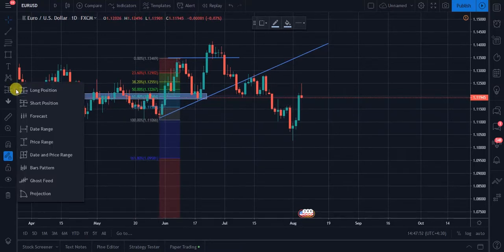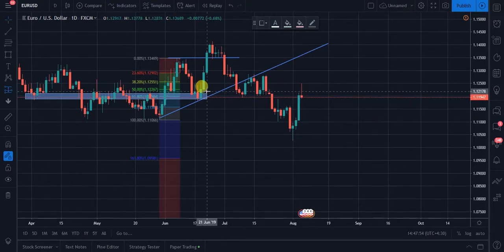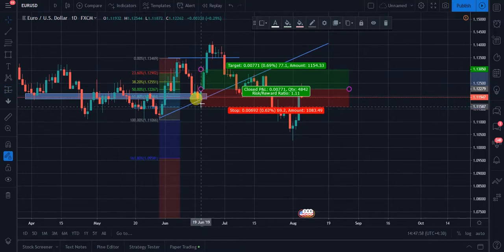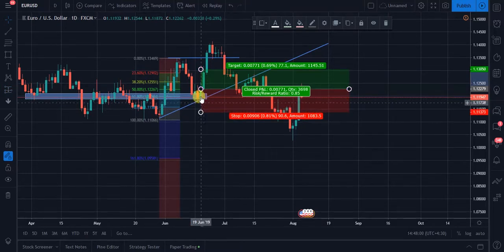For example, I'm going to show you about entry levels, stop levels, and target levels. For example, here is our entry price, because price is near 61.8 and also near this support zone, and especially where price is showing us a bullish candlestick.